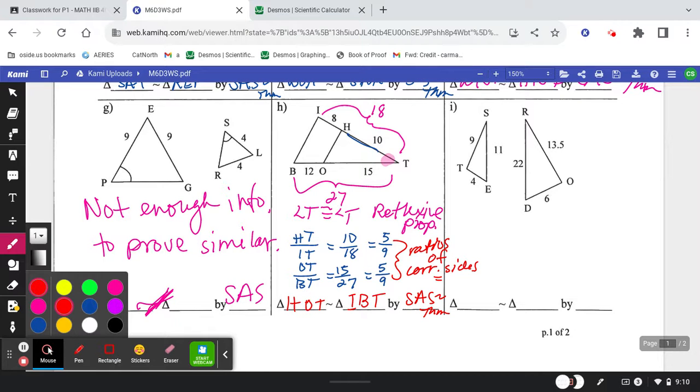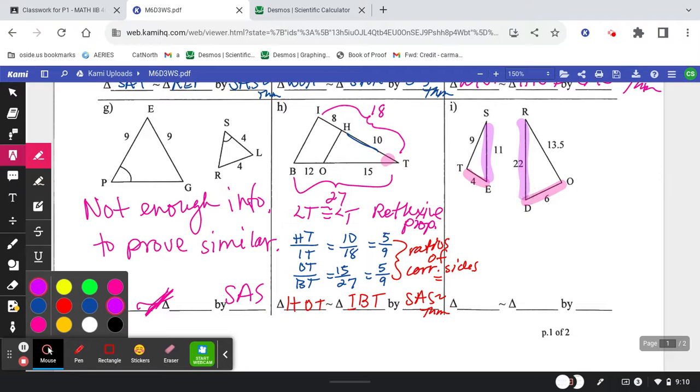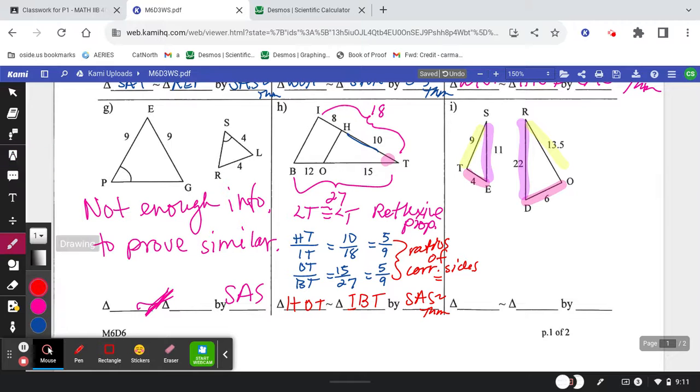All right, last but not least, this one's a little bit reflected, so you got to be careful, but check this out. This goes to this. This goes to this. And this goes to this. Let's go see if they're equal. 6 compared to 4. 22 compared to 11.